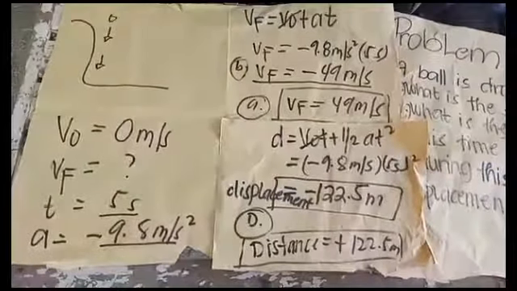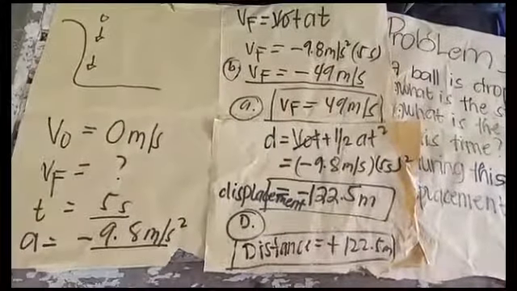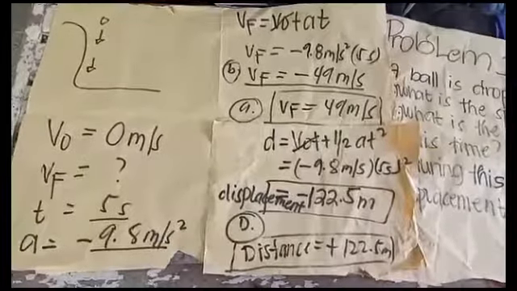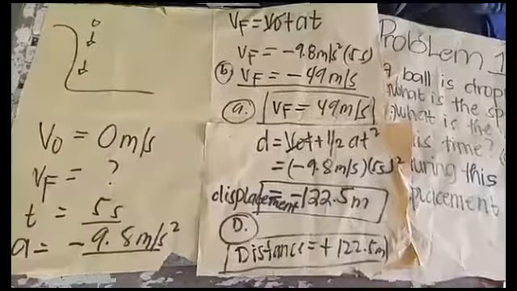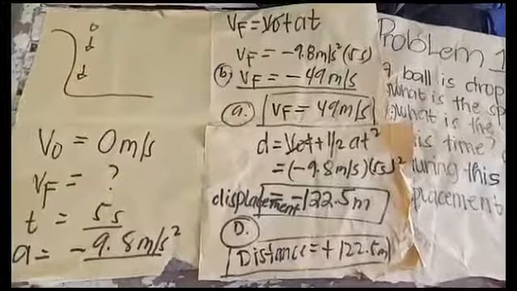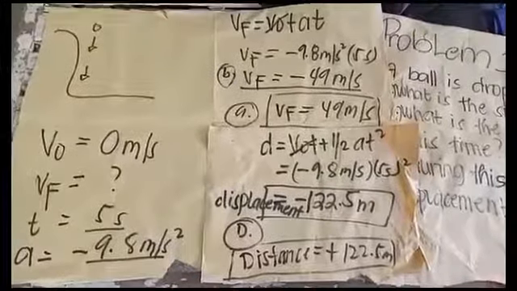Whenever an object moves in one direction, in a straight line, the distance and displacement have the same magnitude, but the sign may be different depending on what direction it is going.